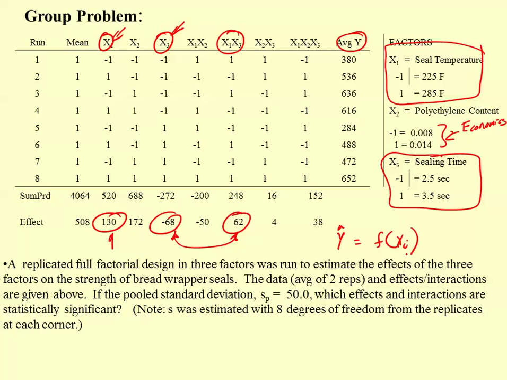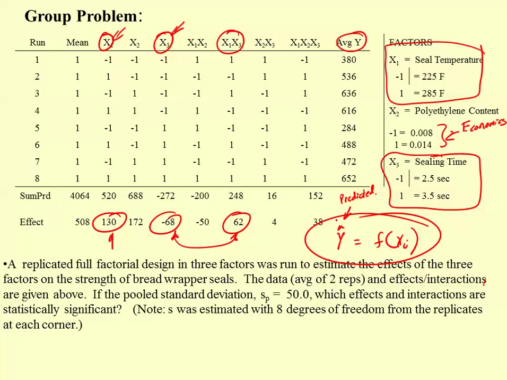Notice one thing: I put a little hat on this y, and that indicates our predicted values. So a y hat from here on out means a model prediction. A y without the hat means actual data. So we need to build a model.